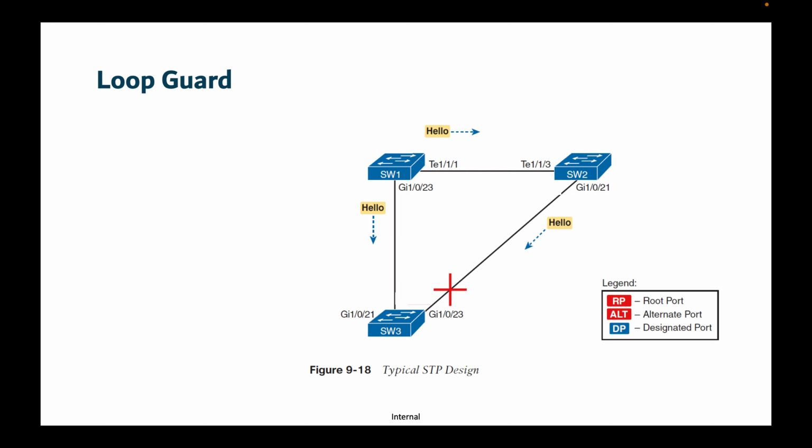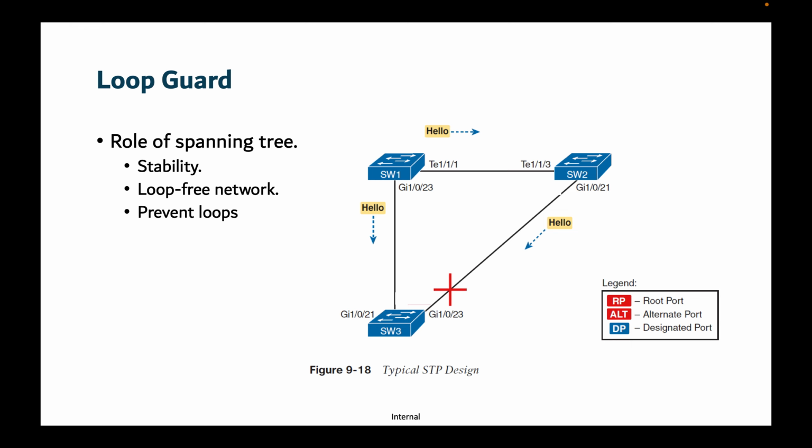So let's move on to another STP protection mechanism called loop guard. The Spanning Tree Protocol plays a crucial role in ensuring a stable, loop-free network in Ethernet-based environments. The primary role of STP is to prevent loops in a network with redundant paths.